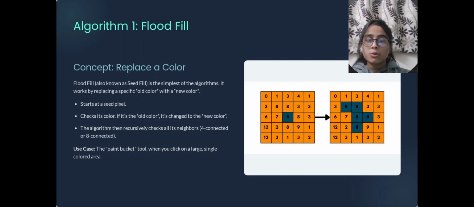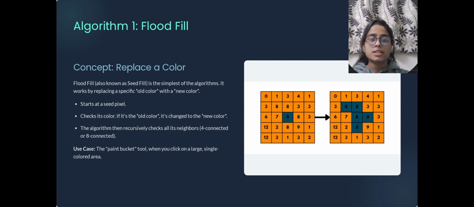Okay, so the core idea is simple. In the flood fill algorithm, you want to replace an old color with a new color. Imagine you have a large area drawn in white and you pick a seed pixel inside that white area. The algorithm checks its color. If it's the old color, for example white, it changes it to the new color, for example red.